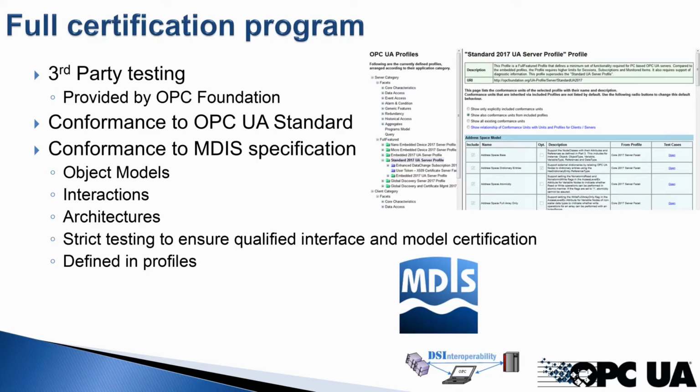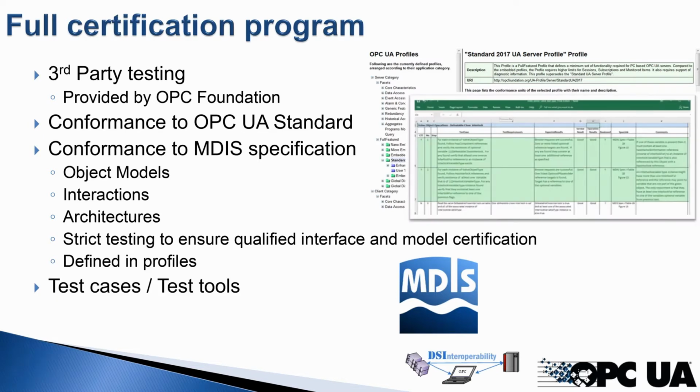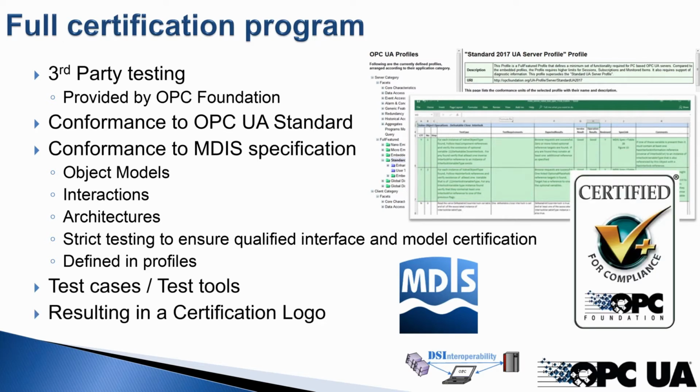All the profiles are defined for MDIS. Functionality in OPC UA is always tested according to profiles, so what's been defined and what's not, and it gives us an overview. The test cases were defined by MDIS, and the full list of test cases is published. What you end up with when you're done is a certification logo that lets you see that this product is certified.